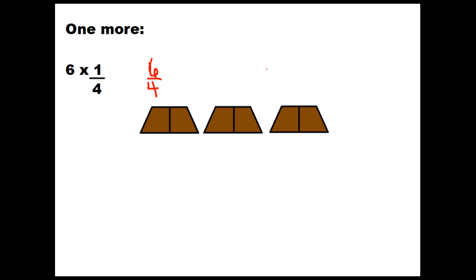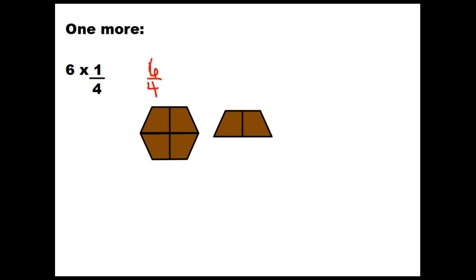What mixed fraction will I get out of this? Well, take just a second and build wholes, and we'll see what we've got when you're done. And you'll see what I have as a mixed fraction is 1 whole and half of another, or 1 1/2. The improper fraction 6/4 is equivalent to the mixed fraction 1 1/2.